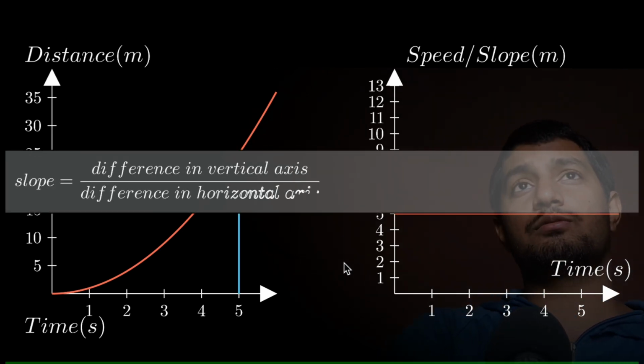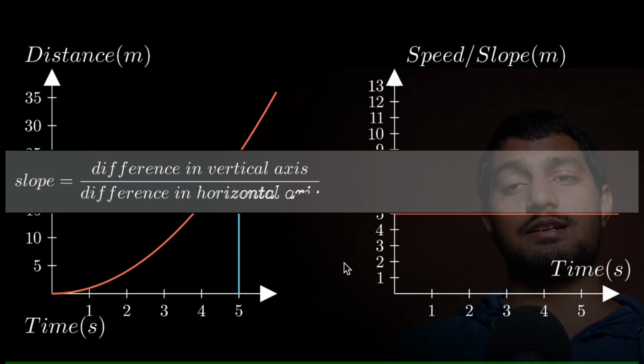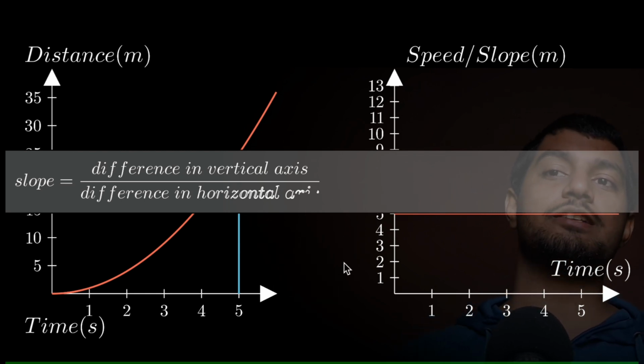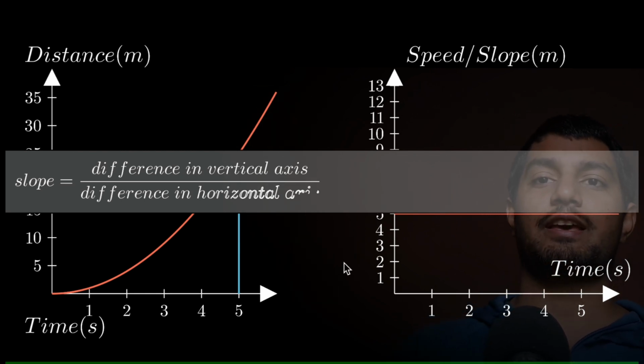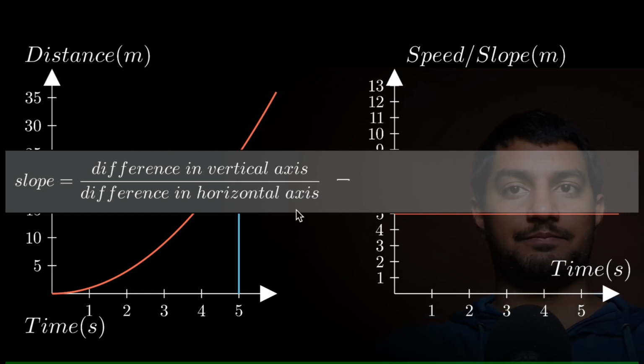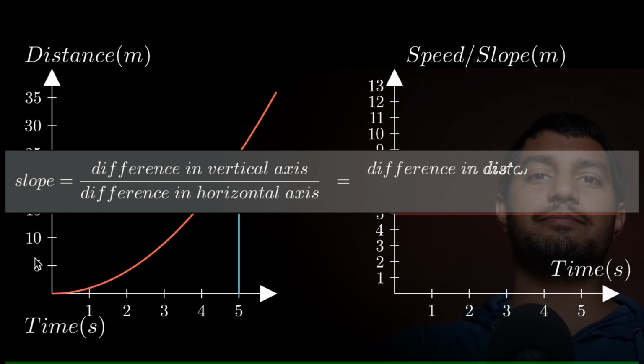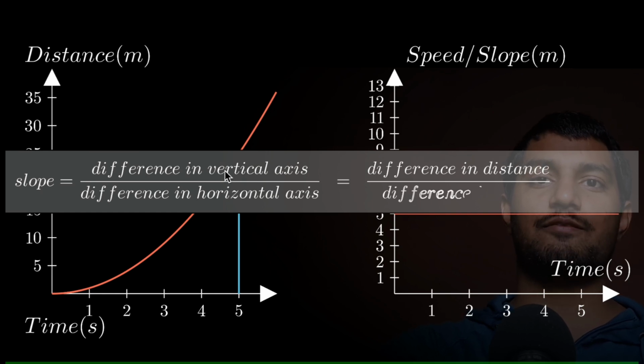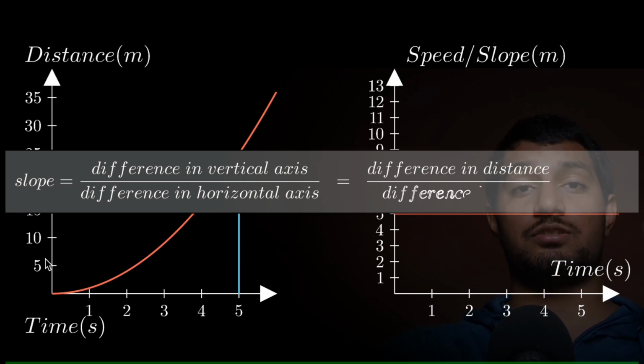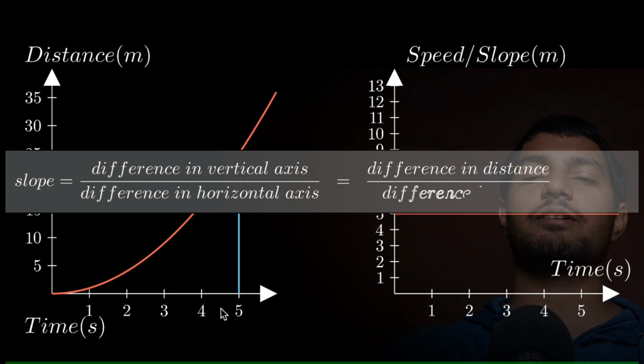And yeah, before going to that, I wanted to add that slope and speed are the same in this example, right? If you remember, speed is basically distance upon time, which is basically the difference in the vertical axis. If I look at this line over here, and there was 25 over here, if I have to find the speed, basically I'm dividing this distance, 0 to 25, divided by 0 to 5, right?